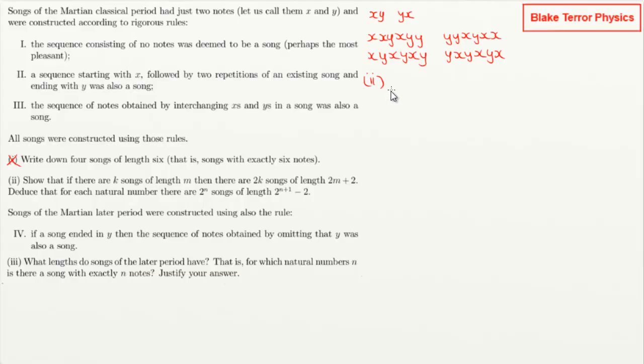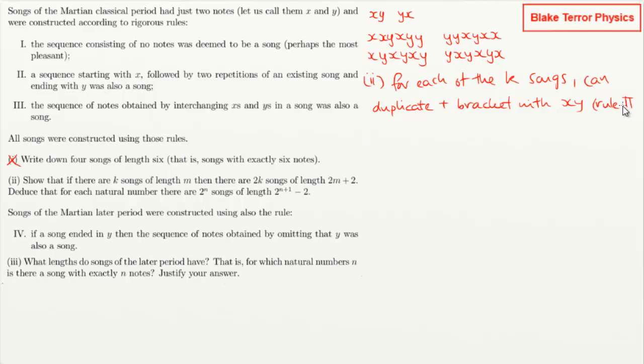So for each of the K songs, we can duplicate and bracket with X and Y, i.e. that is rule 2.